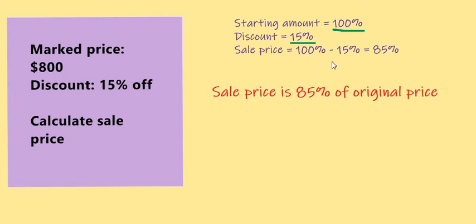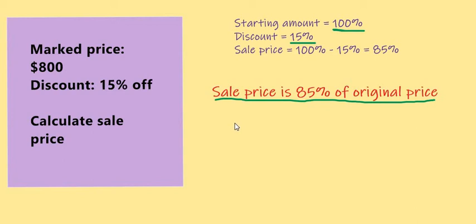So you have to take away the 15%, which is the discount value. We're going to take away the 15% from the 100%. And that leaves us with 85%. So what does that mean? It means that the sale price is 85% of the original price. That means that when the item is being sold, it's only being sold at 85%.